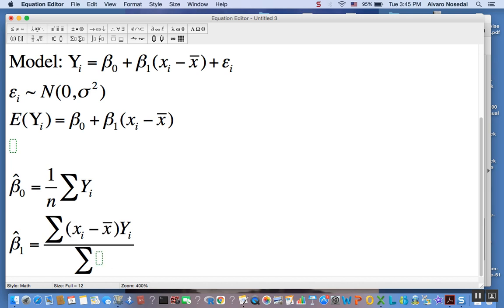That's another way of referring to that sum I just wrote down.